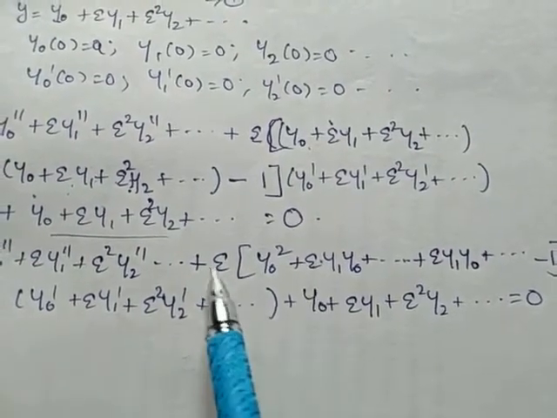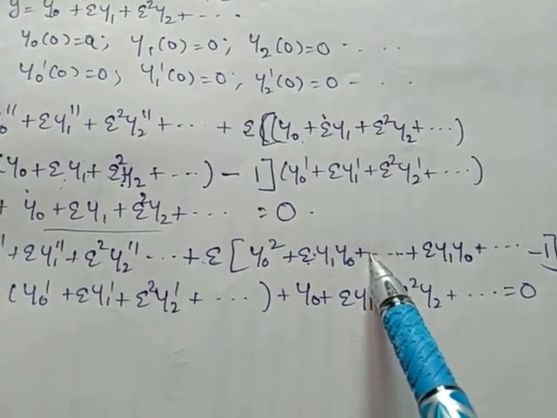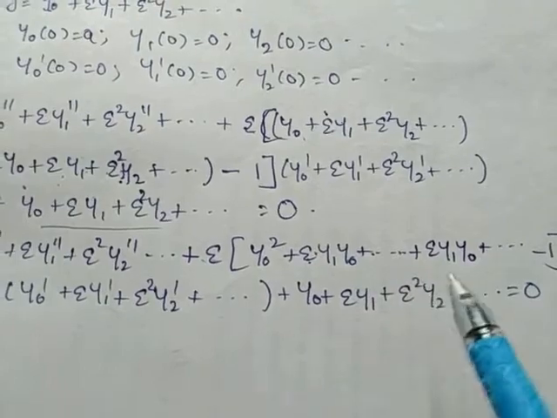So when we multiply these two, we will get epsilon square. The next term will be epsilon cube, so I am not considering all those values.